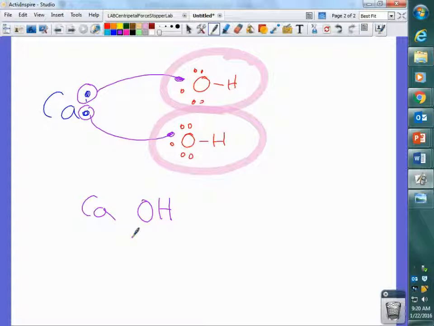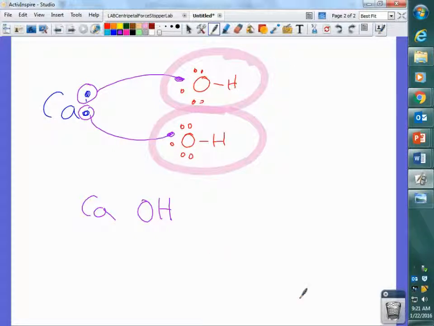We show the ratio by using what? Subscripts. Okay? This is how we do it with a polyatomic ion. Remember, these are a group. They come together. We can't separate them. So the subscript, we don't put it there because that represents 2 oxygens and 1 hydrogen, and that's not what's here. We don't put it there because that represents 1 oxygen and 2 hydrogens, and that's not what's there, right?